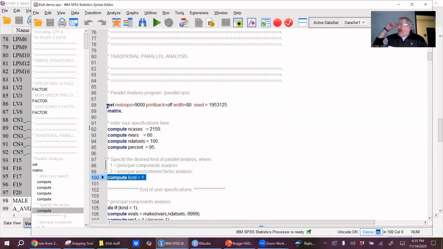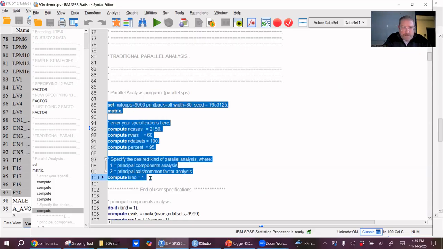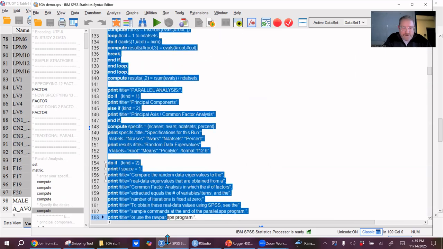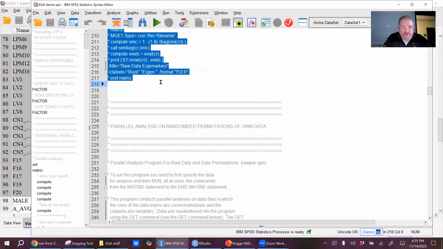With this massive data set, the eigenvalues that came out of the PCA were nearly identical, to the first 3 decimal places, to the eigenvalues that came out of principal axis factoring. So that supports Brian O'Connor's assertion that it should still be appropriate. So I'm going to scroll all the way down there and then hit run.